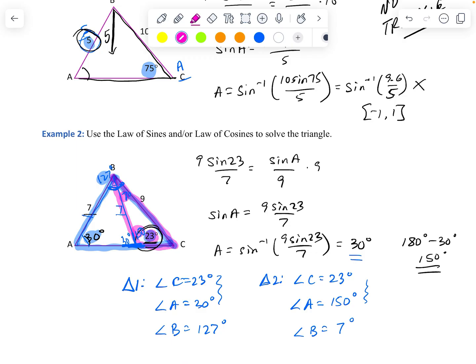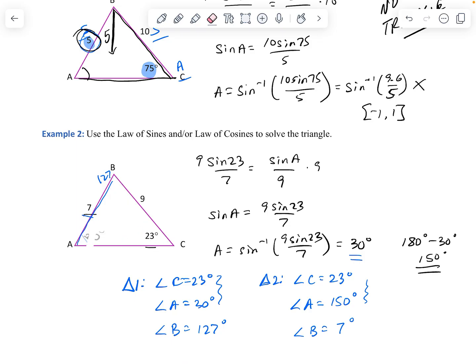We're not done, because remember, and I'm going to erase a little bit here to make things cleaner, we calculated this to be 30 degrees, and this is 127 degrees. The other thing we need to figure out is what side B is.